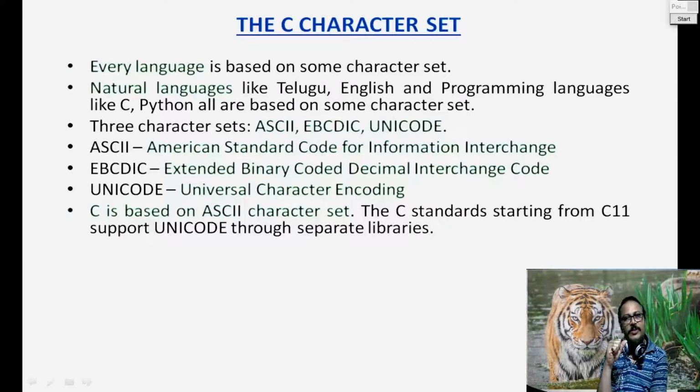How many ones and zeros are used to represent the characters? It depends on how many characters you want to represent. If you have 1 bit, you can represent 0 and 1, that means two things.